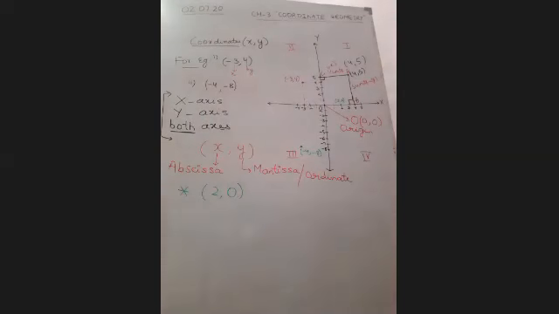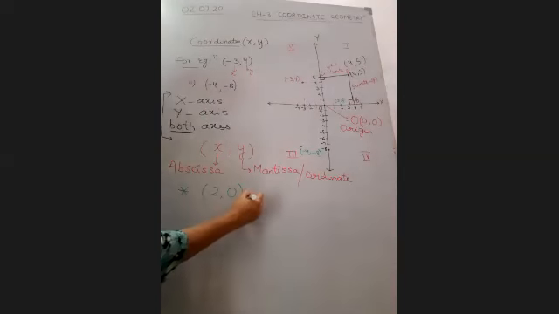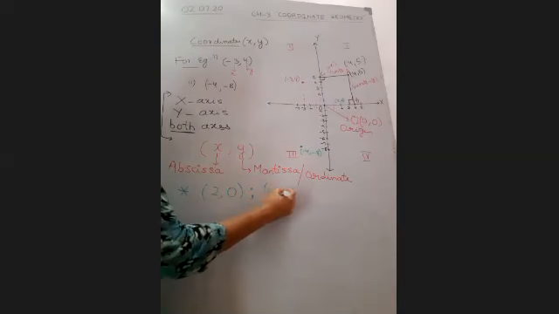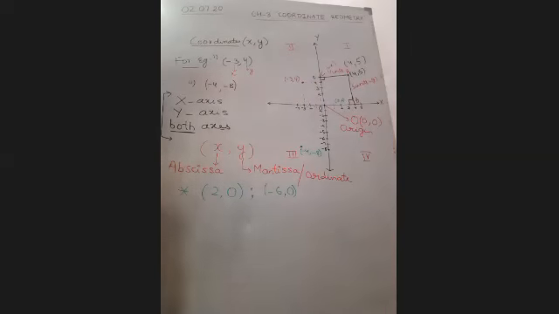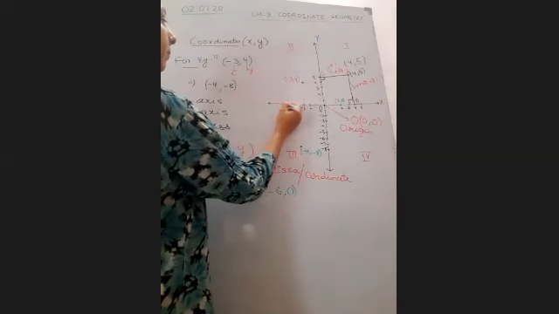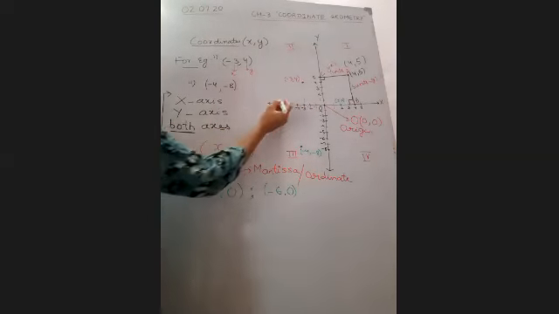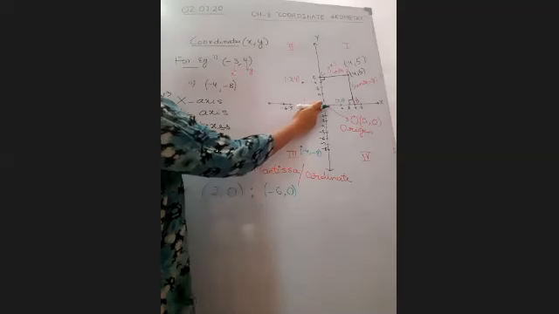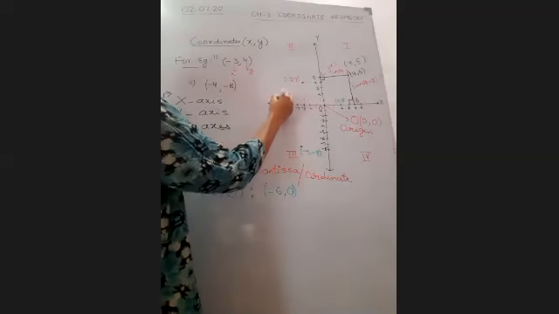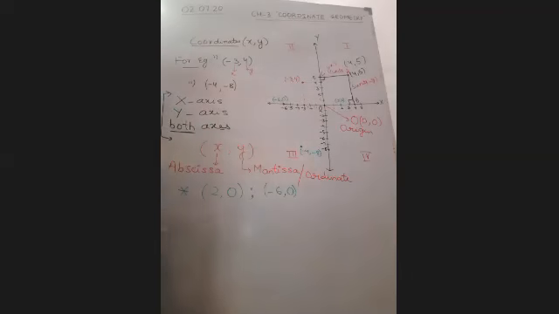Yes, beta. Let me take a point (-6, 0). Now -6 will be somewhere here. Again, 0 means not going anywhere. So these are the points on the x-axis. These are just 2 examples. You may take any point.